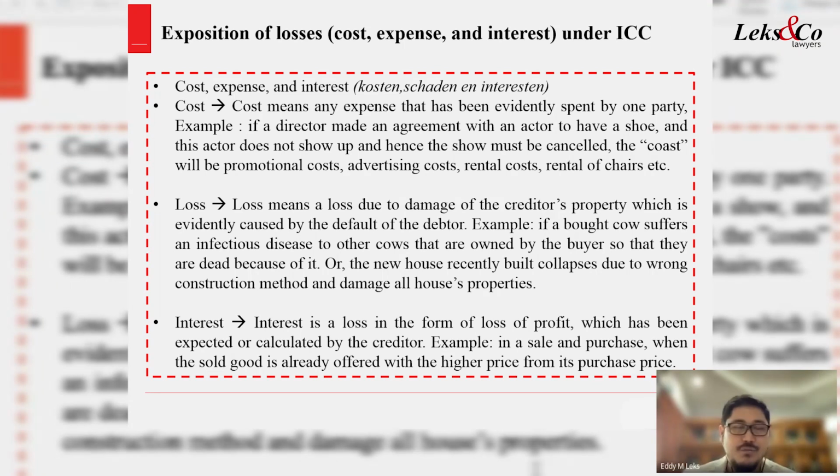If you are the lender, of course, the interest will be the agreed interest rate, yeah, maybe 10%, 11%, 12%, etc. But in a shipping case, like what I mentioned before, the interest can be the loss of profit for 2 years because of the blacklist sanction.